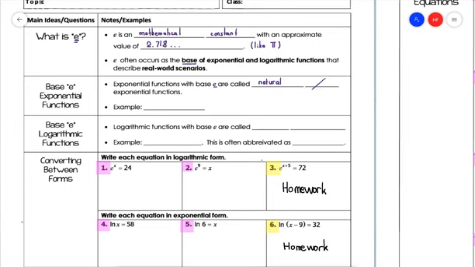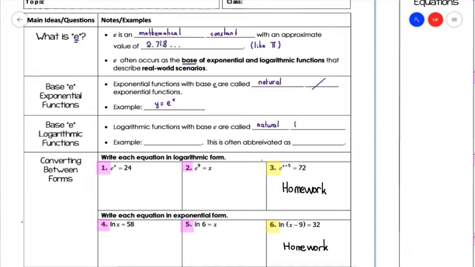And an example of an exponential function with base e would be like y equals e to the x.